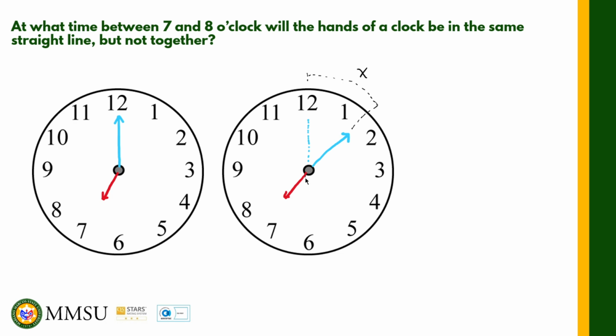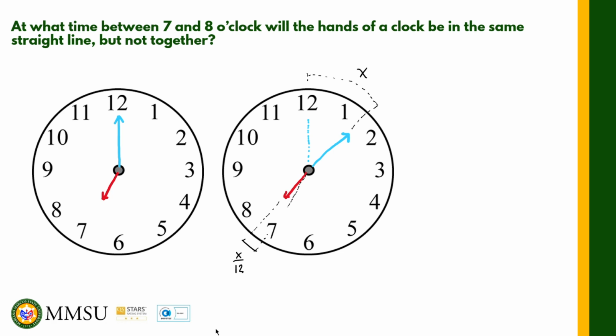Tapos, diba, originally nandito yung hour hand. So, the initial and final position of the hour hand, syempre kung nag-travel ng x yung minute hand, nag-travel ng x over 12 naman yung hour hand natin. Okay? X yung minute hand, X over 12 yung hour hand.